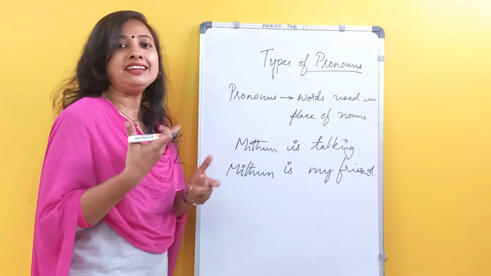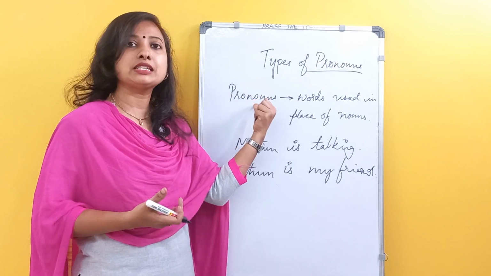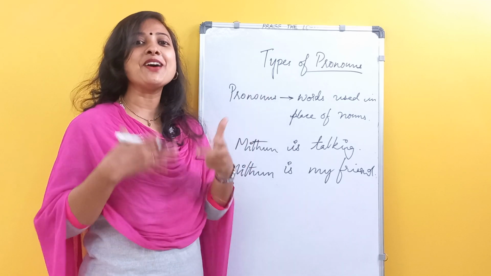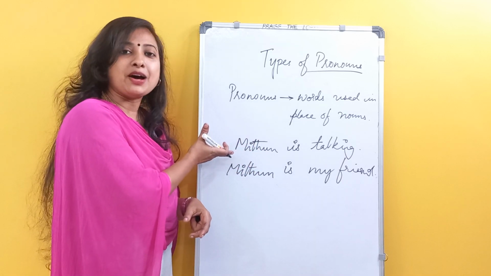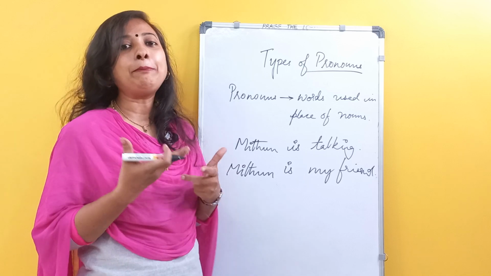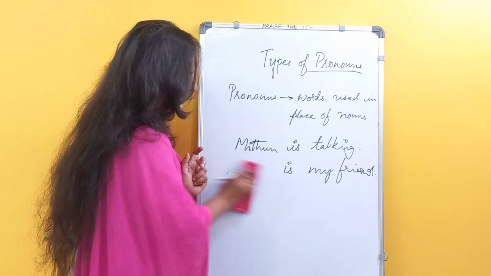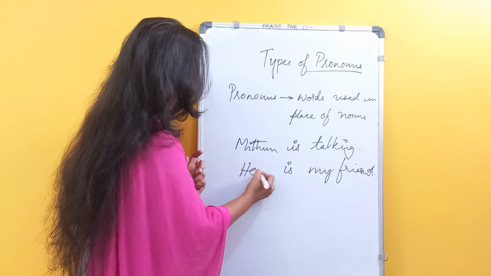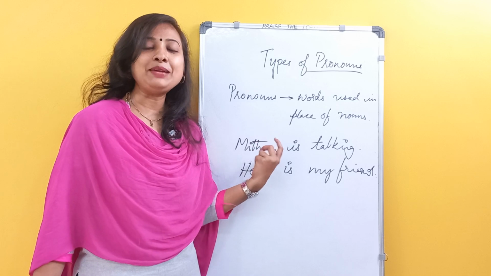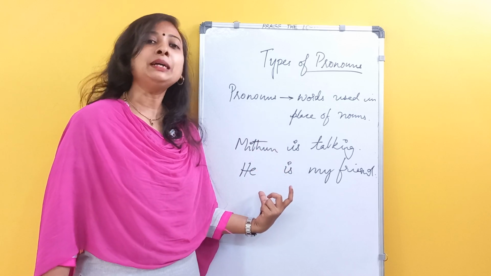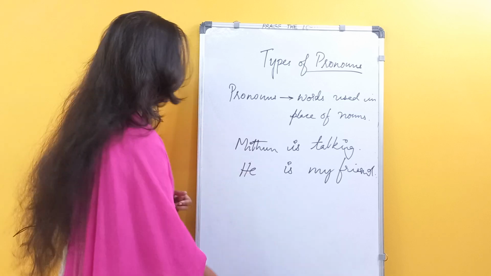So instead of taking the name again and again, we can just use a word which is called a pronoun. A pronoun is something we use in place of the noun. It can be the name of an animal, person, place or thing. So instead of again using the name, I'll simply say, here's my friend. So pronouns are words which are used in place of nouns.